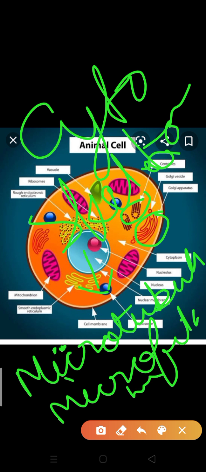So what is the difference between the two? Microtubules are made up of the protein tubulin, and microfilaments are made up of the protein actin. What is the function of these two? The main function of these two is to provide form and strength to the cell. That's why it is known as the cytoskeleton of the cell.